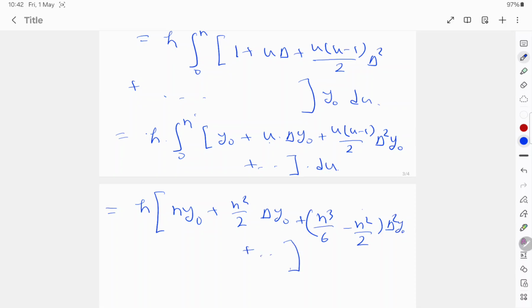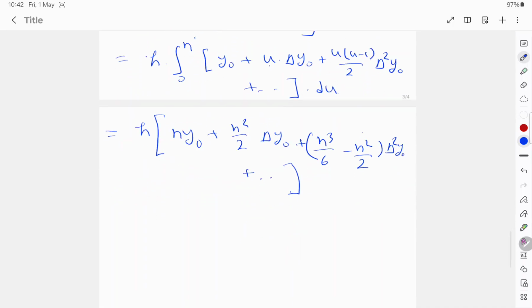So in this way you are getting this formula. This formula is known as, sometimes it is called, the Gauss-Legendre quadrature formula.